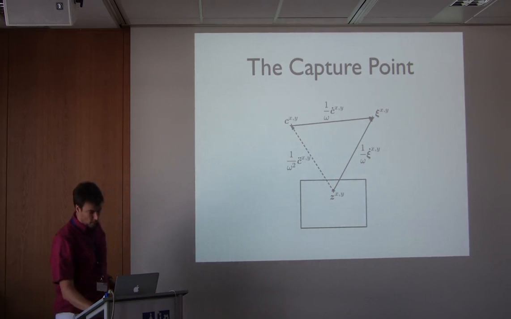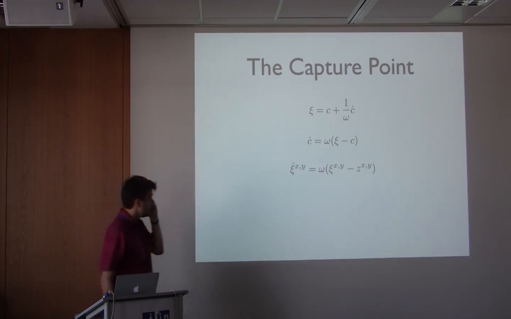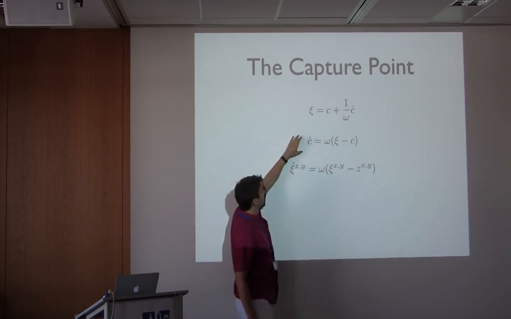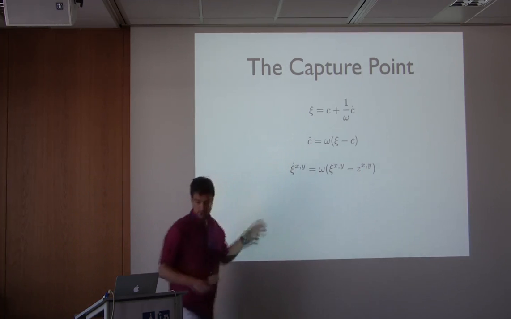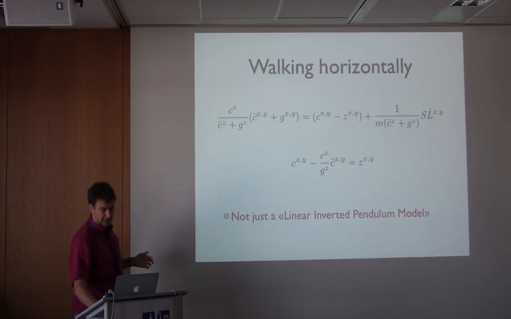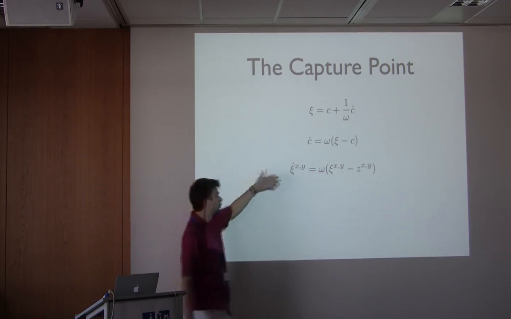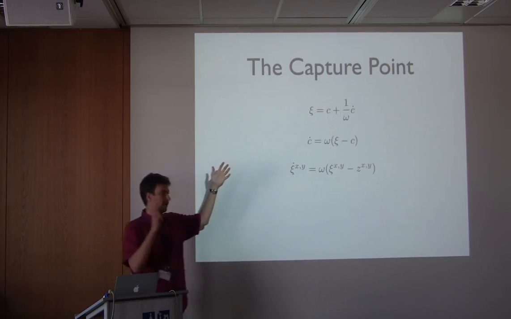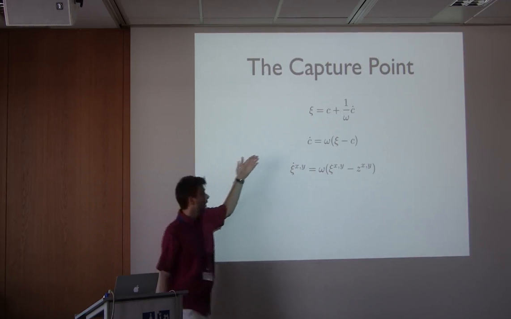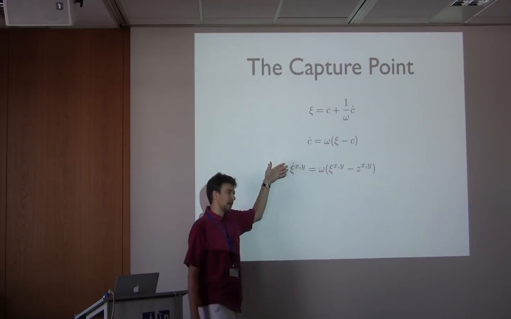So what happens is that the second order linear dynamics that we have here has in fact been rewritten as two first order dynamics, one being converging and the other being diverging.